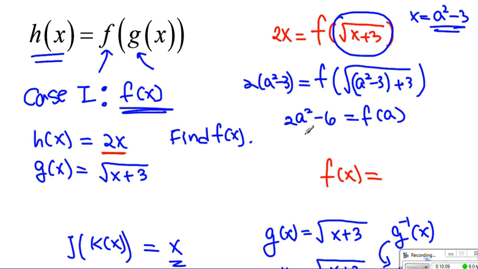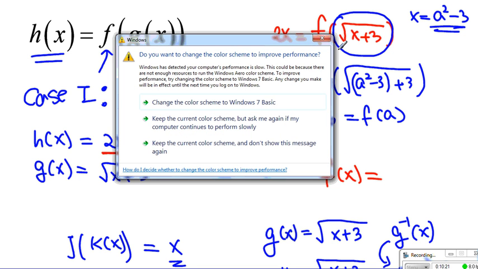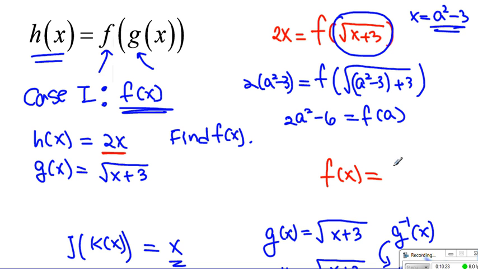Then we end up getting an expression that looks like this. Now, by changing the variables, instead of writing a, if f of this is equal to 2 times this squared minus 6, then f of x should be equal to 2 times x squared minus 6. Therefore, that becomes our answer.